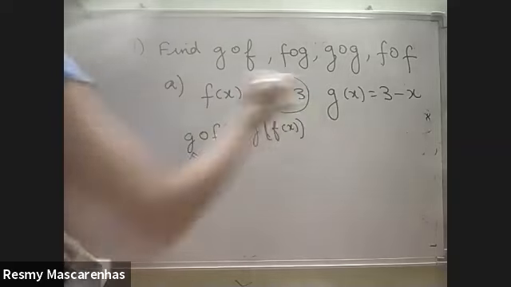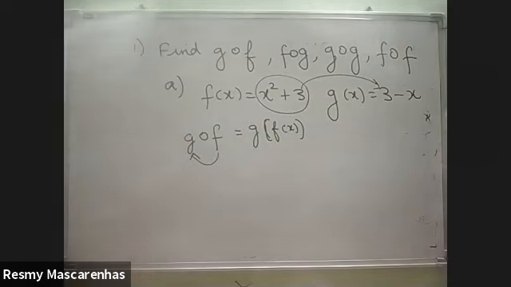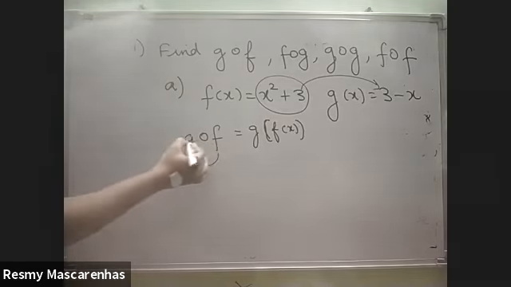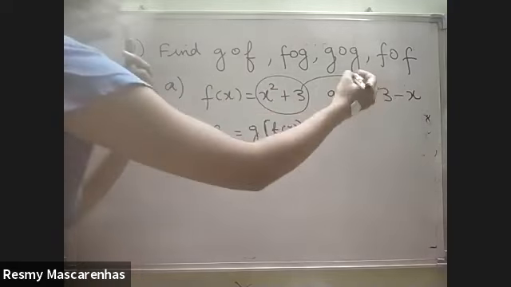This. So f we have to put in G. Okay, see, read ulta. F you have to put in G. So where is f? The function f we have to put in function G.